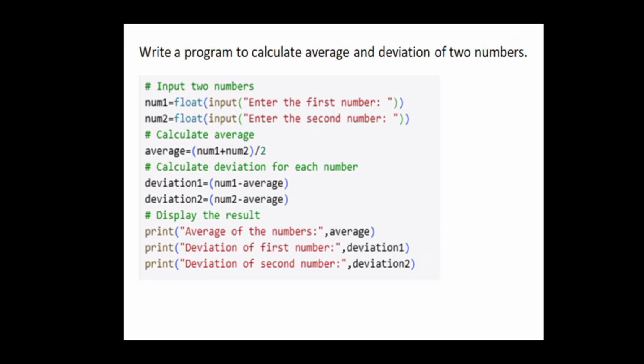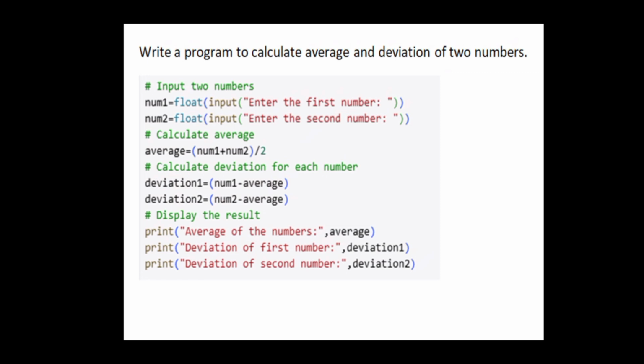Next program is write a program to calculate average and deviation of two numbers. So we take two numbers from the user and store it in two variables, num1 and num2. Then we calculate average of these two numbers and store it in a new variable called average.